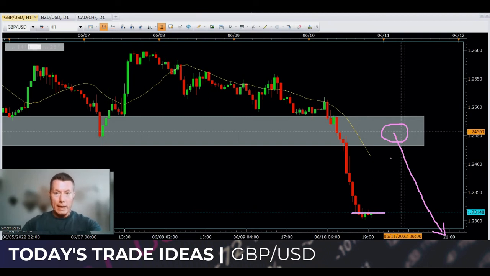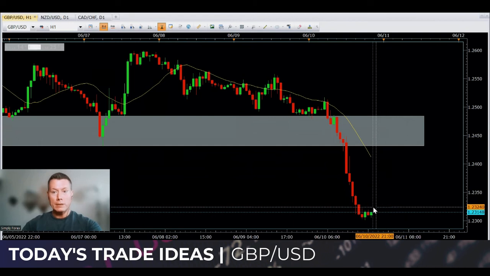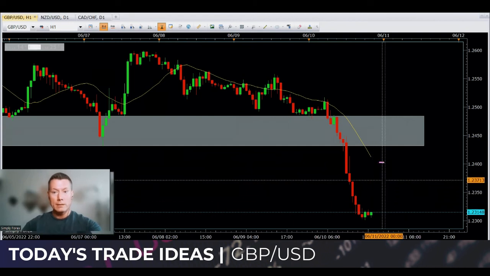The other thing that could happen, guys, because the daily candle is so bearish, is that price might only retrace to here. It might correspond with the moving average 20 and this psychological level of 2400. So it could react here, but again, we want to see a bearish candlestick pattern form.